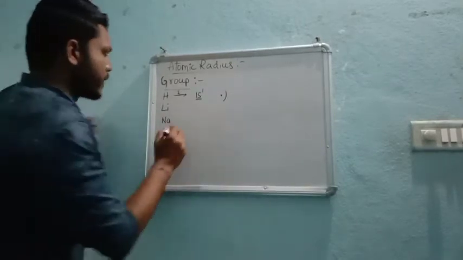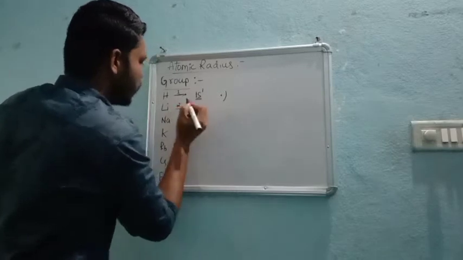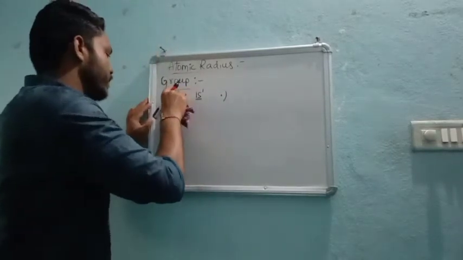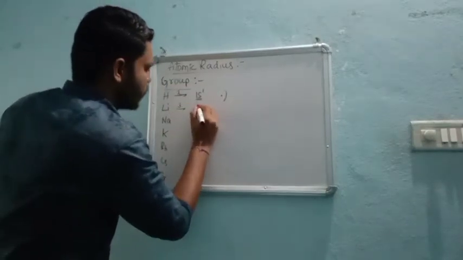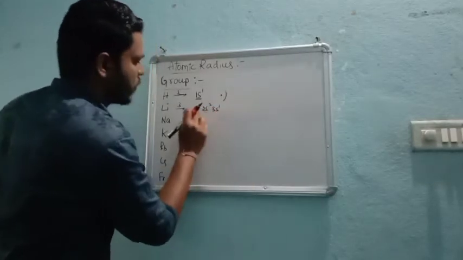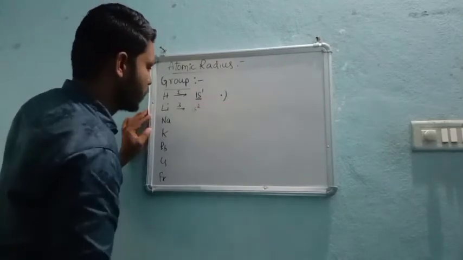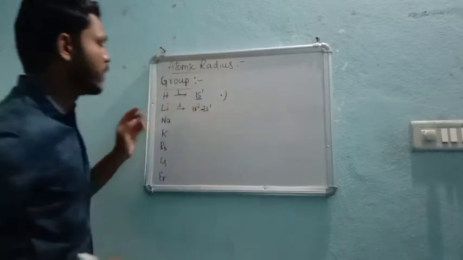Next, coming to lithium, atomic number 3. The configuration is 1s2, 2s1, sorry, we have only 3 electrons.